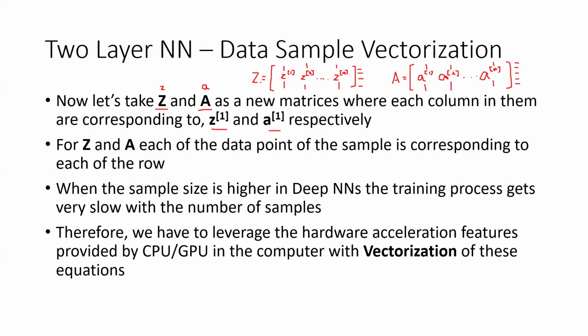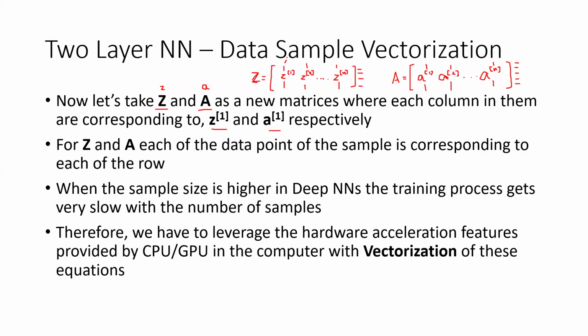So this is a much more generic notation. Capital Z would be like vectors of vectors of vectors, for example. A can also be considered the same, right? The only difference between Z and A is that you get A once you apply the activation function for each of these columns, with the activation function corresponding to each column.